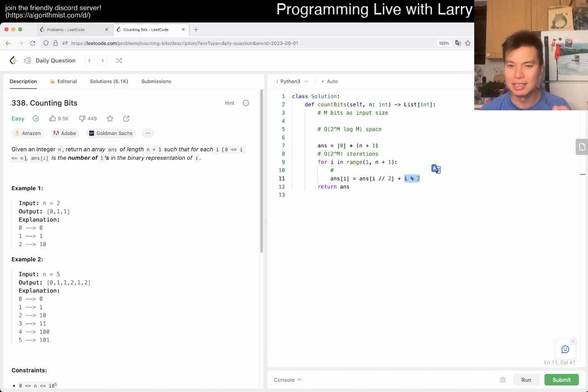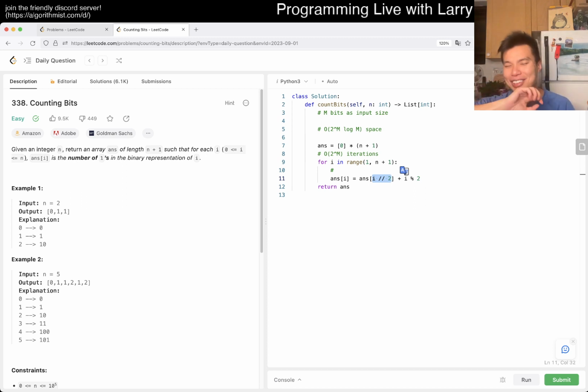But this part, divided by 2, is a right shift, and you can say maybe it's O of 1 in the sense that this is very often an operation on the bit set or on the chip set, meaning your processor will very likely have something like this for right shift, even though we didn't do a right shift, but the same idea.